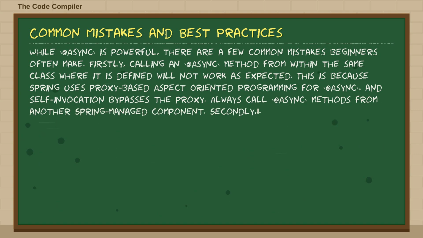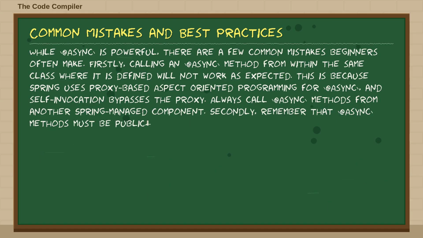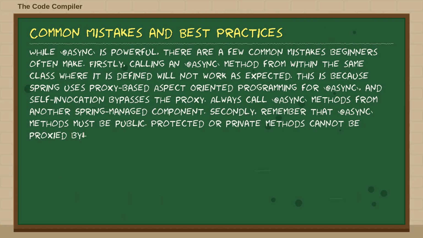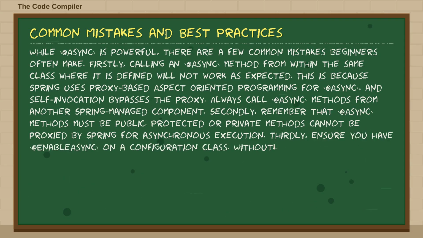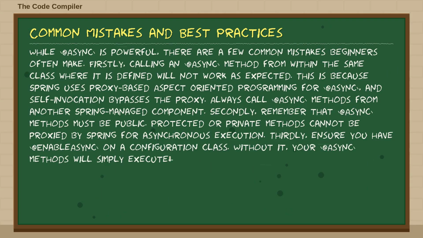Secondly, remember that @Async methods must be public. Protected or private methods cannot be proxied by Spring for asynchronous execution. Thirdly, ensure you have @EnableAsync on a configuration class. Without it, your @Async methods will simply execute synchronously.